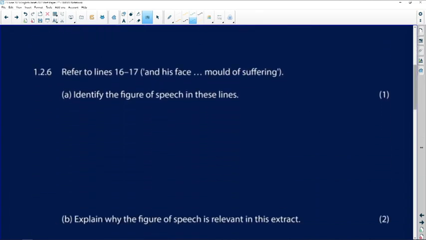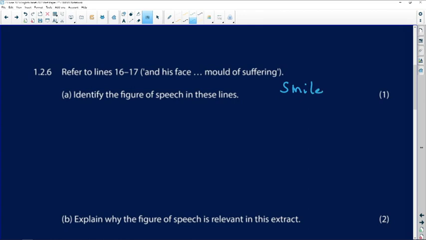Now we come to the figure of speech question. So you're expecting this in the poetry, but you need to expect it also in the other texts. So identify the figure of speech. I have said before that they do not mark spelling if they can work it out.